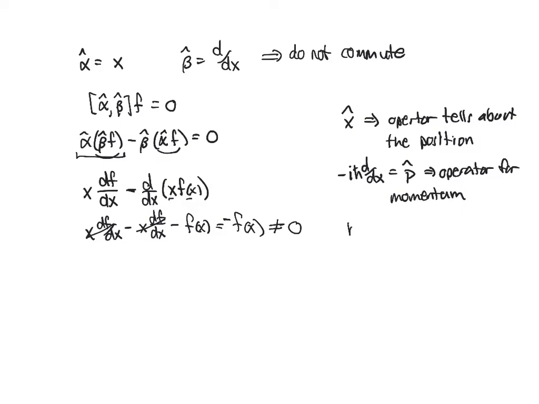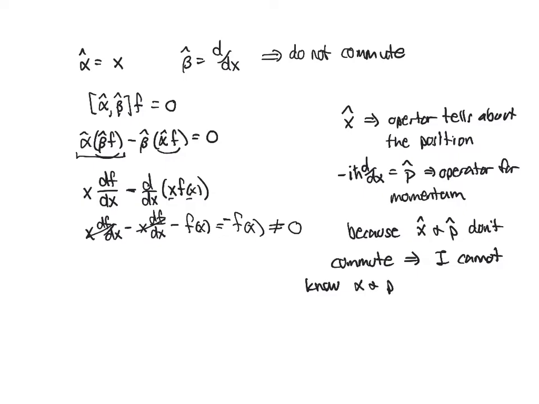So because x and p, position and momentum, don't commute, that tells me that, in fact, I cannot know x and p simultaneously with complete precision. I can't measure them both at the same time.